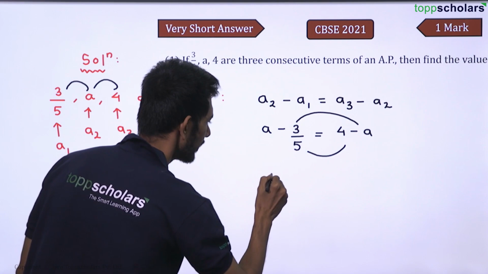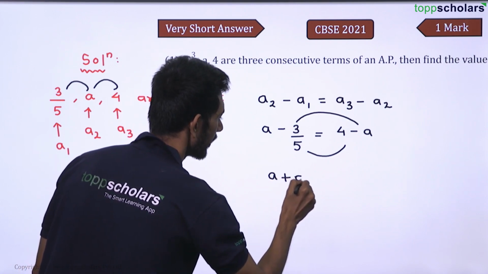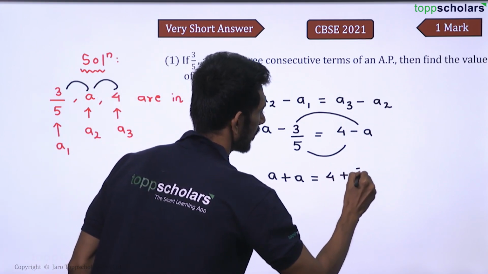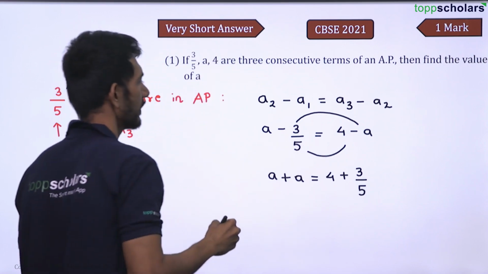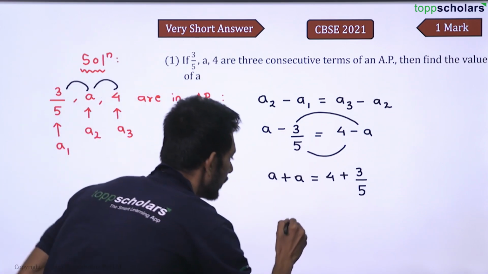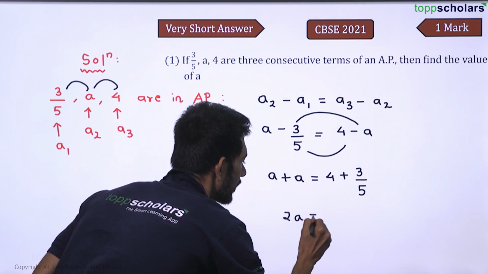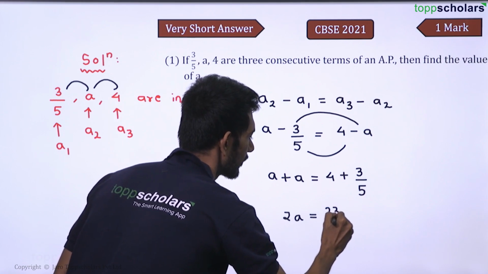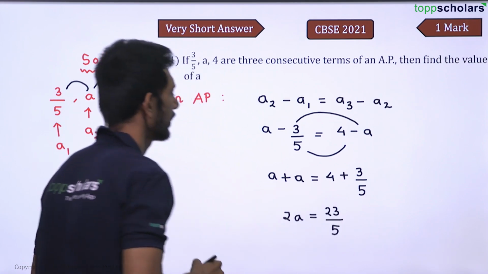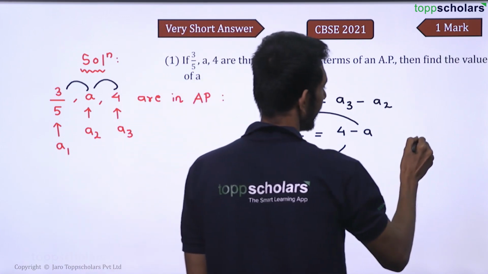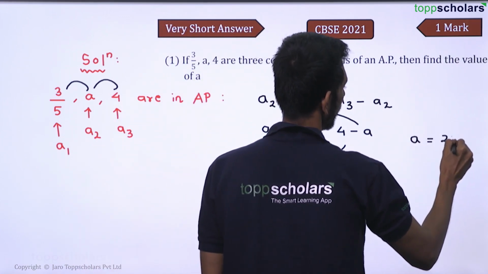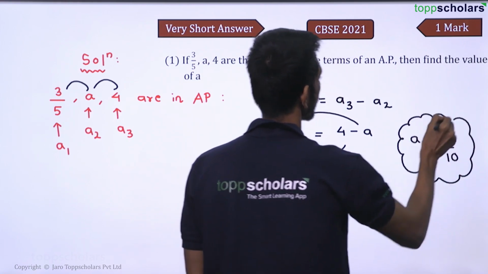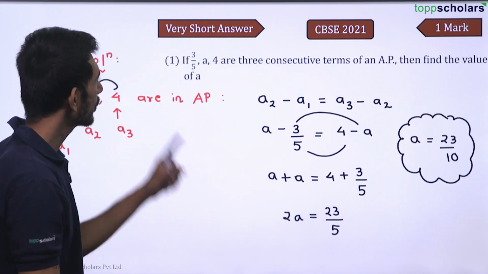So we get A plus A is equal to 4 plus 3 by 5. So that becomes 2A is equal to 5 4s are 20, 20 plus 3 is 23 by 5. So divide by 2. So can I say A will be equal to 23 by 10? So yes, the value of A is 23 by 10.